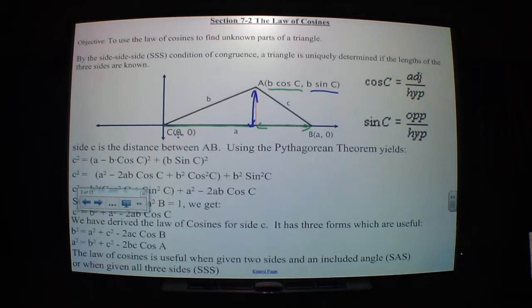I'm using the triangle on the right-hand side. You could actually use the one on the left and derive it, and it would still work. But I'm going to use the one on the right. So I have a leg squared plus a leg squared equals a hypotenuse squared.